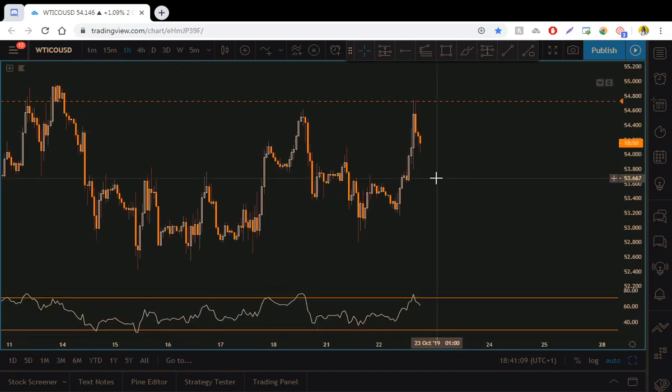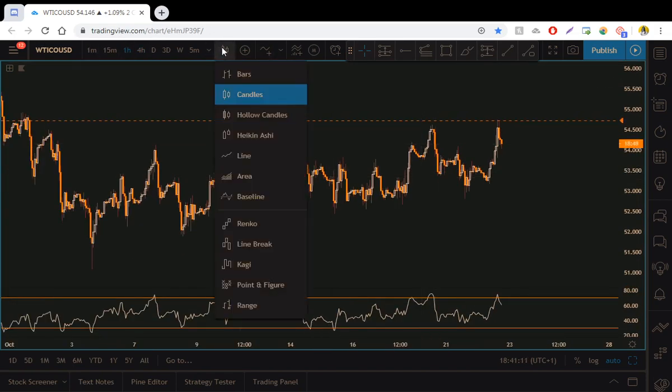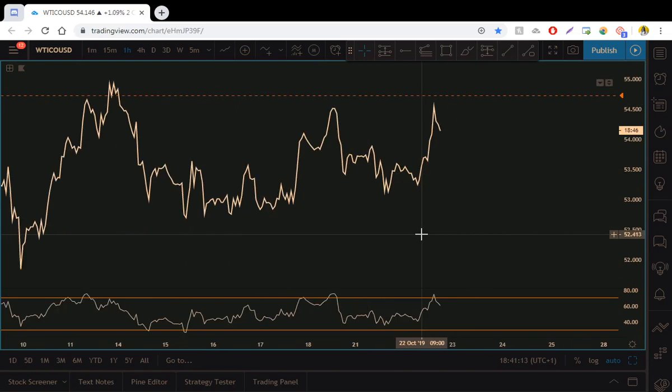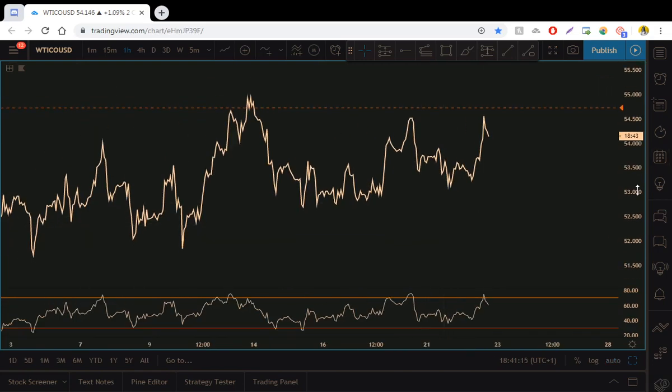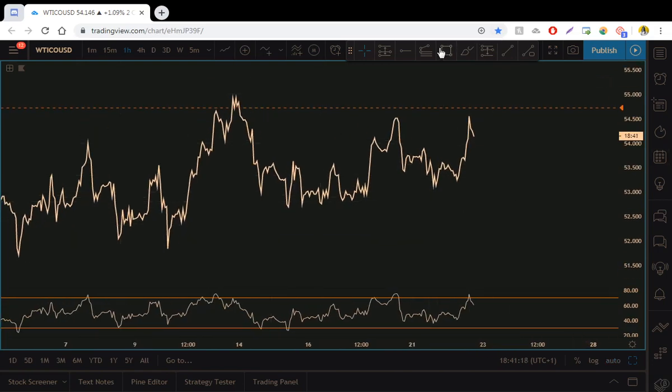So, for example, here on oil, right? We've got to mark out levels.